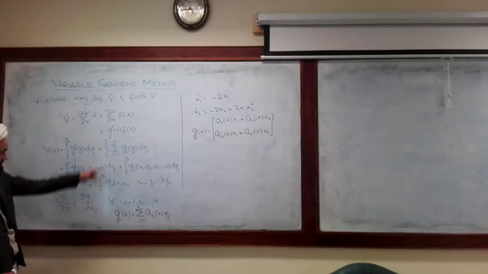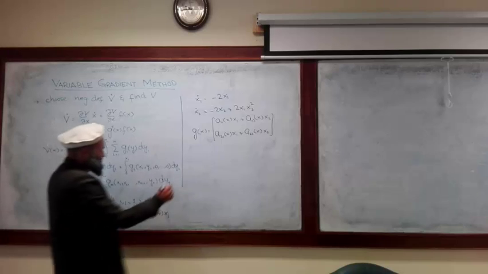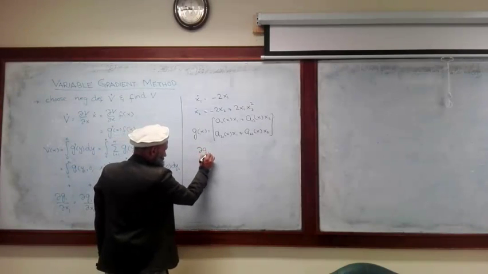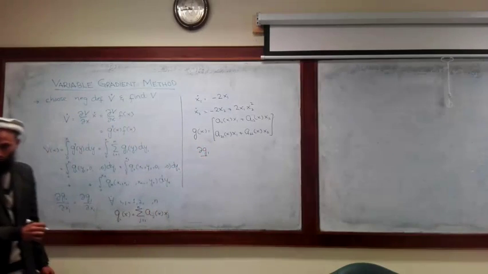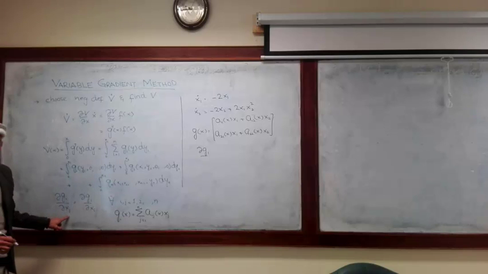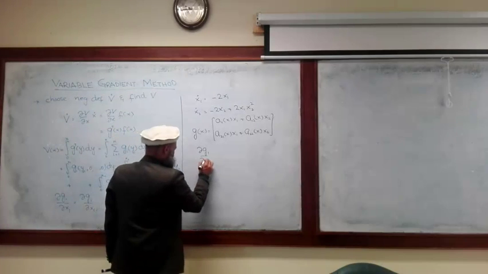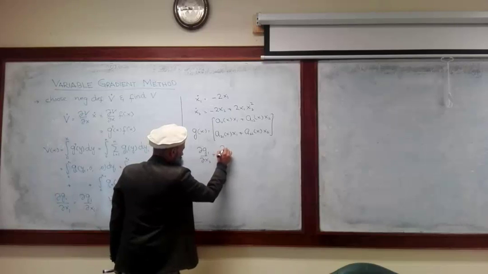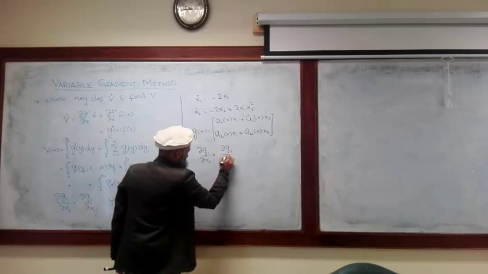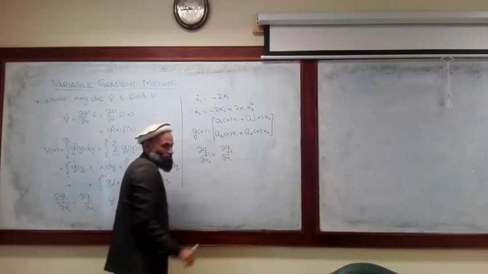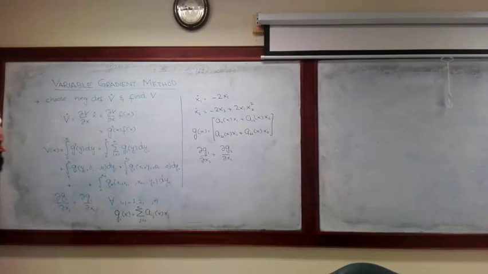What is this condition for this particular case? The partial derivative of g1 with respect to x2 must be equal to the derivative of g2 with respect to x1.